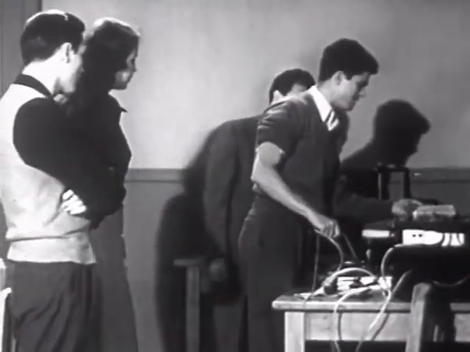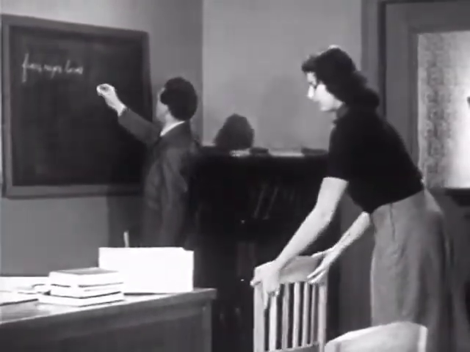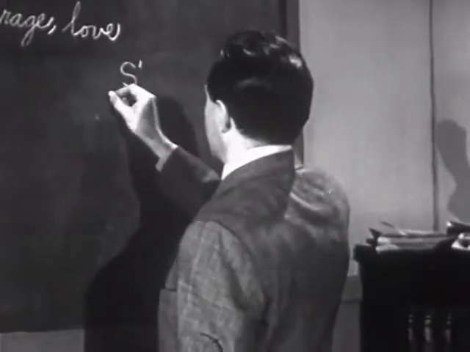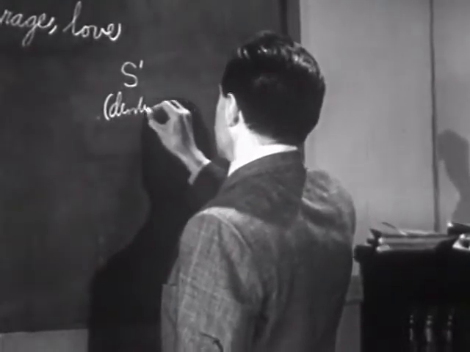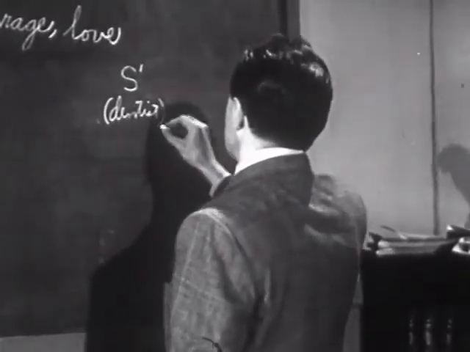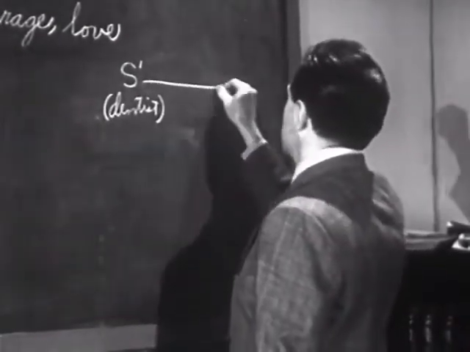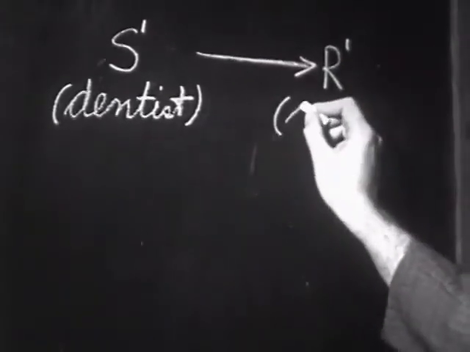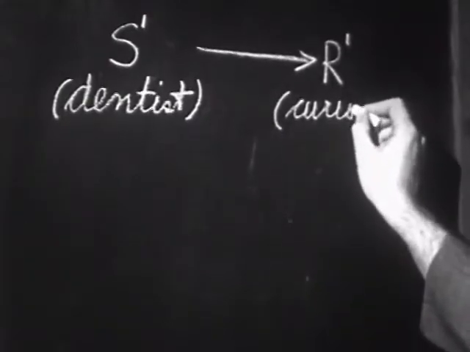How did that happen? Well, come on over here to the blackboard. Maybe if I draw a diagram of the process of conditioning, it will help you. S1, the first stimulus, stands for the dentist. He's a good fellow. Larry's normal reaction to him, R1, is curiosity and interest.